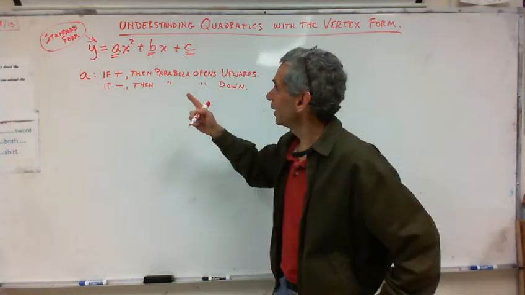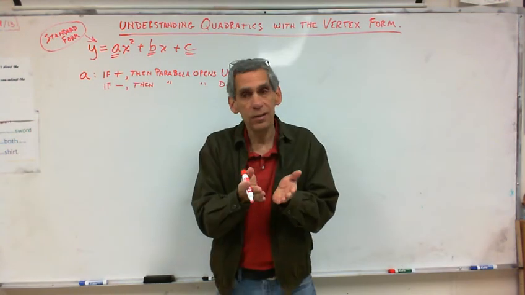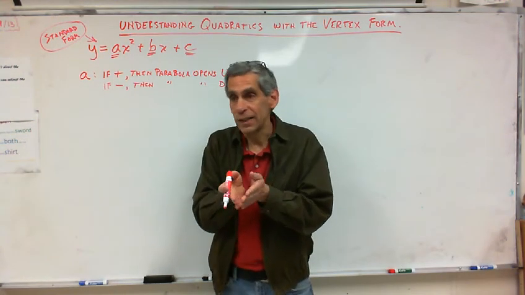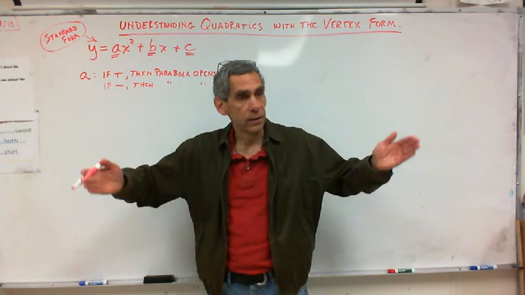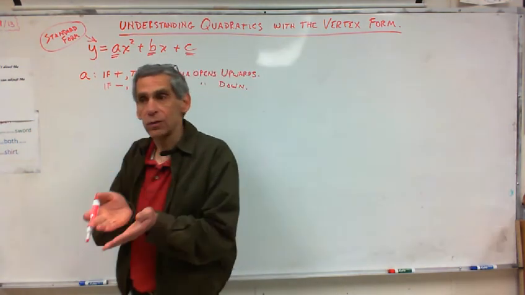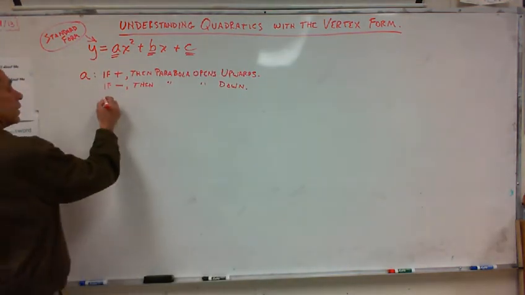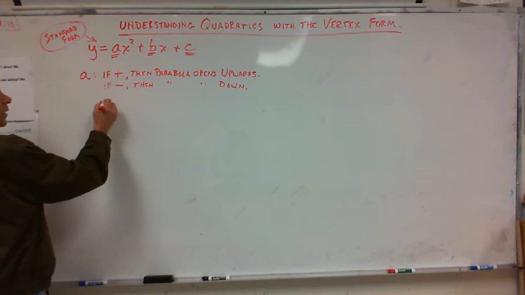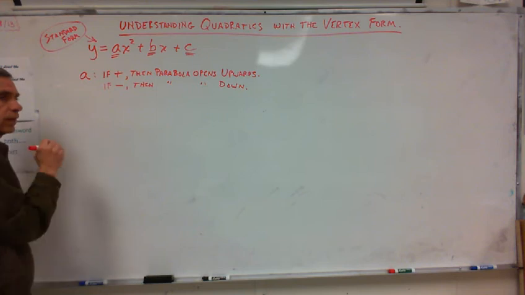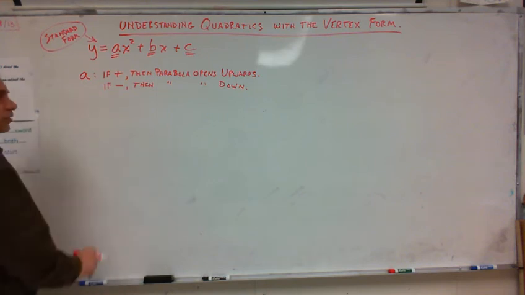But there's one other thing that a does, and it actually determines whether the graph is skinny or fat. The parabola is really, really skinny or really, really fat. So let me think.